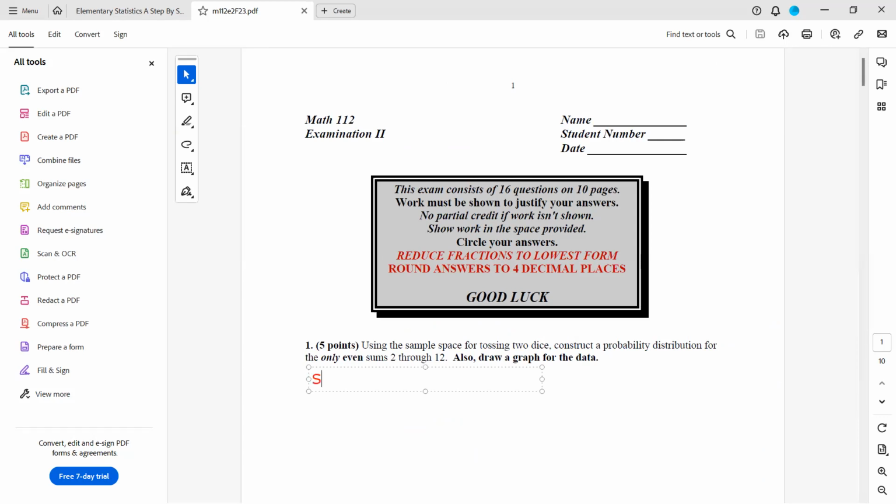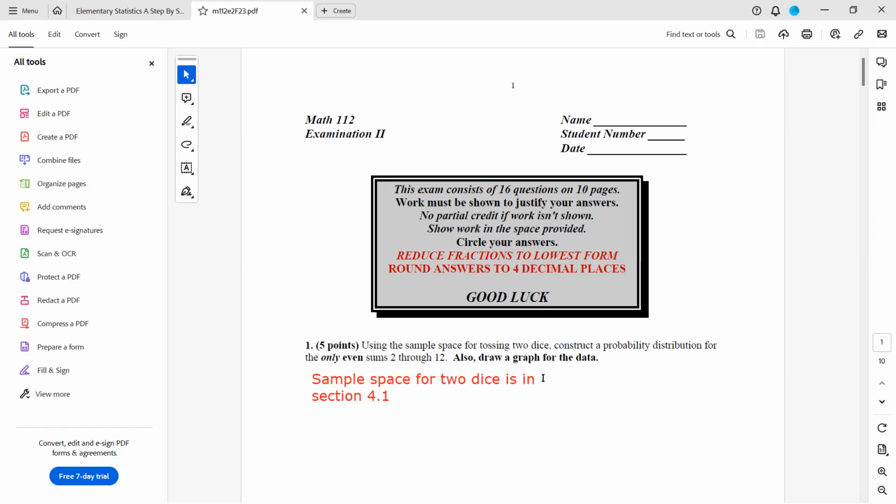You'll also find it in the slides, but the sample space for 2 dice is in section 4.1. Okay, so you can look there if you need more help.